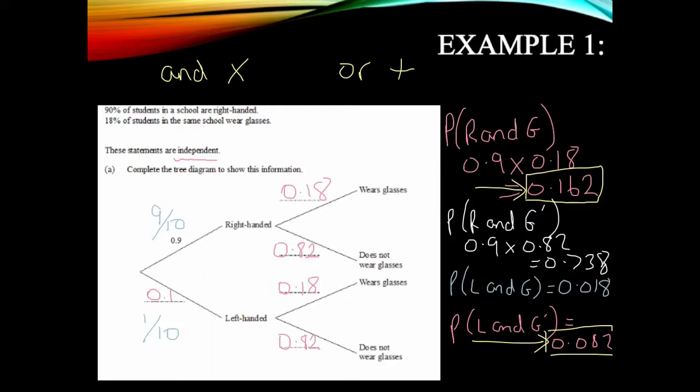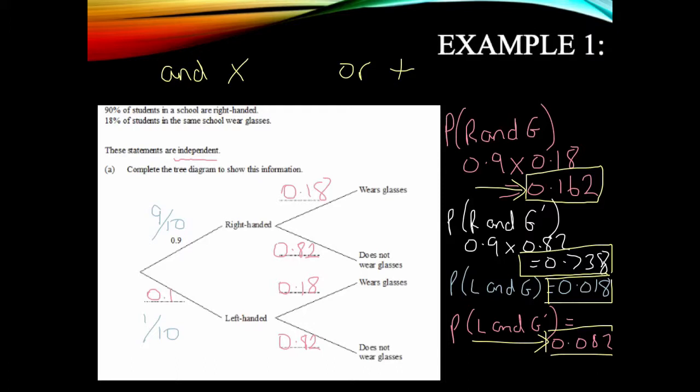Now it continues to be interesting, because notice if we go along these branches, there's only 4 possible combinations we can do. We can either be right-handed and wear glasses, right-handed and not wear glasses, left-handed and wear glasses, or left-handed and not wear glasses.